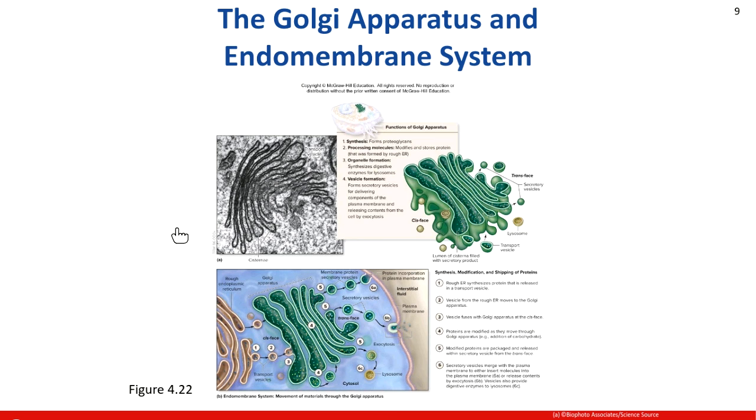In chapter 17 in Bio 211, you're going to learn that the lysosome plays a huge role in thyroid hormone synthesis. Because essentially what happens is that the thyroxine is inactive.